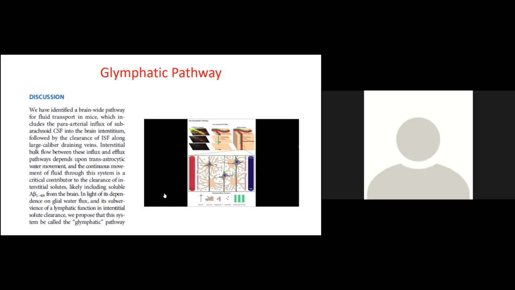This pathway is called the glymphatic pathway. When we find this pathway, we can better understand that cisternostomy is a good method of surgery.